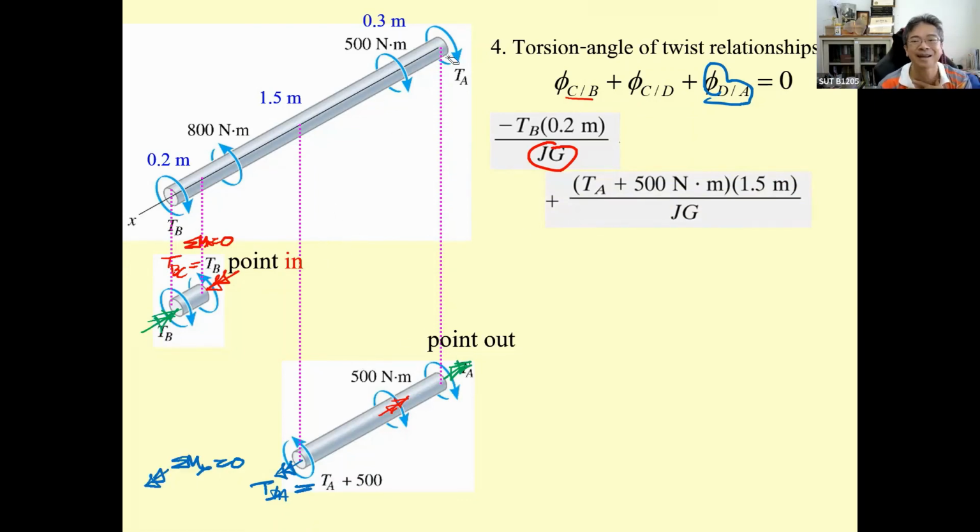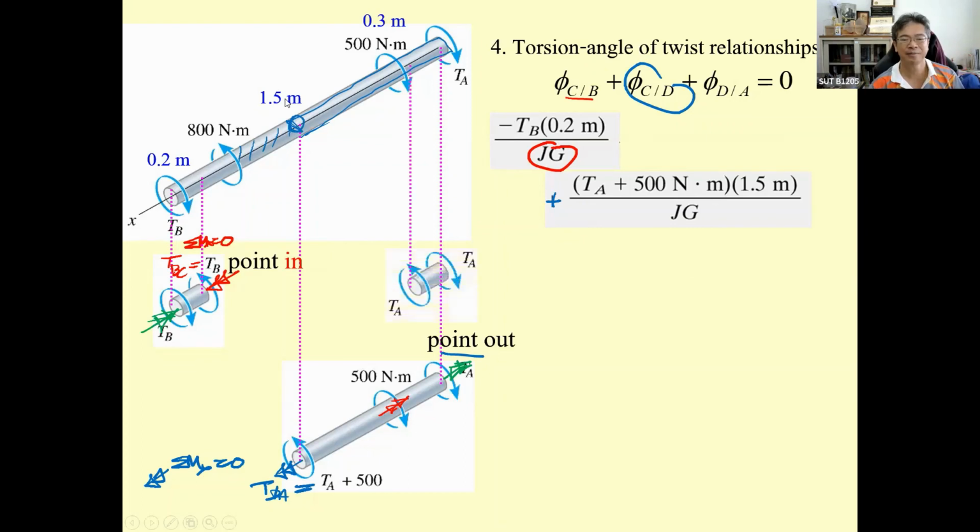It's going to be in between CD, not the A. This is going to be the CD, the second one, this portion. Okay, they use this portion to draw the free body diagram. So this is positive because it's pointing out and has the length of 1.5 and GJ.